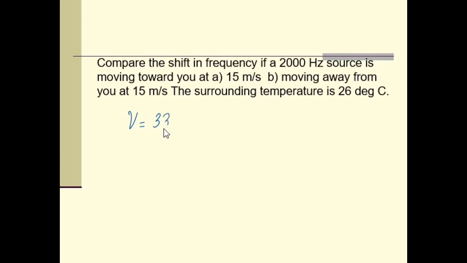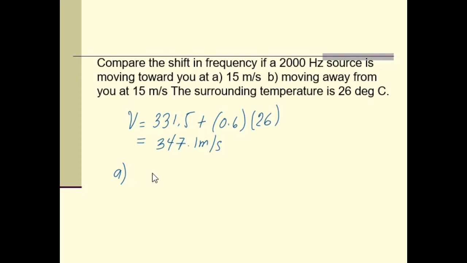You have here velocity of sound 331.5 meters per second plus 0.6 times the temperature, which is 26. So solving for that, you will get 347.1 meters per second.